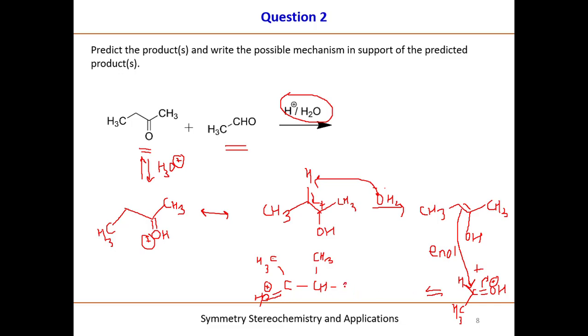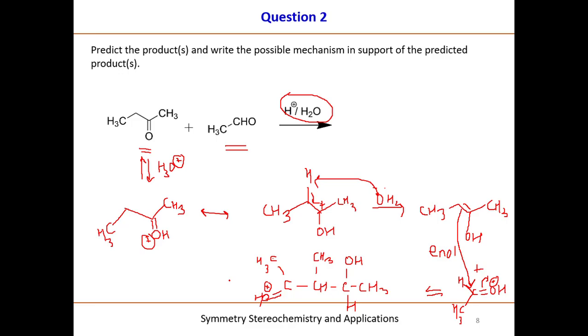So now I will write carbonyl carbon which is attached to OH group, and then CH3. Okay, here hydrogen.